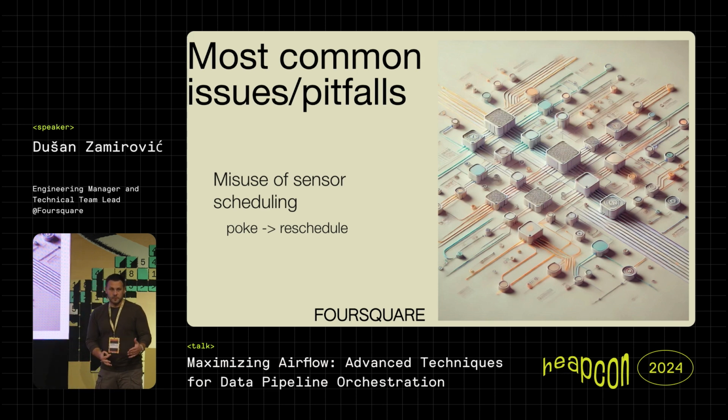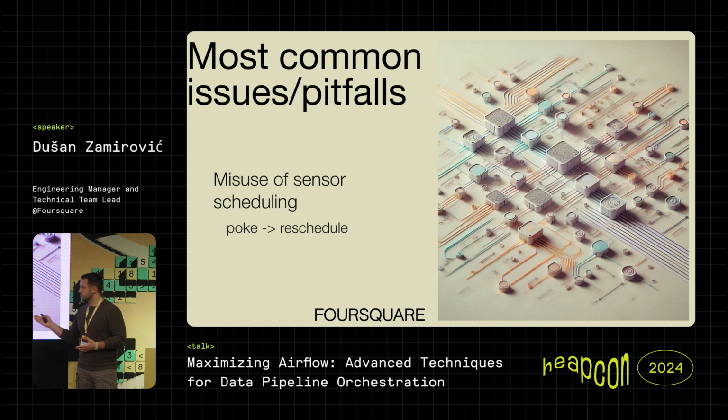If you know that this file will become available a couple of seconds after your sensor has been activated, or a couple of minutes, that's not a big deal. However, if, as we do, you have a situation where you don't know when that file will become available, maybe in half a day, then it does make a difference how you schedule your sensors.